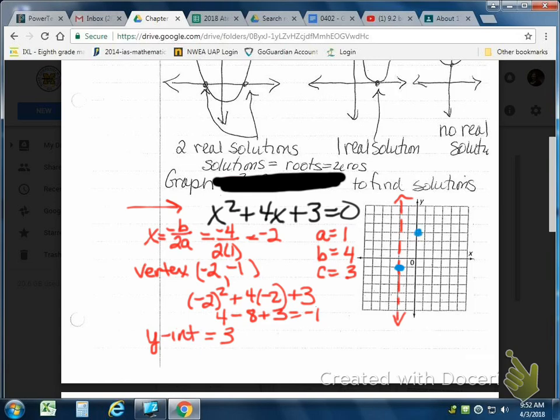So right here. And once you're given 1 point, don't you get a freebie on the other side since it's symmetrical? So if it's 2 units right up at 3, you'd go 2 units left up at 3. So we've got a free point.